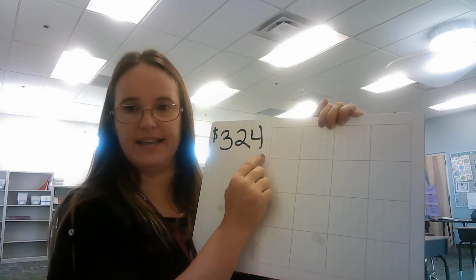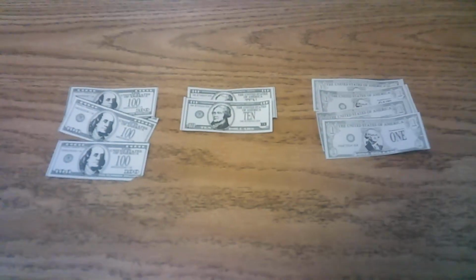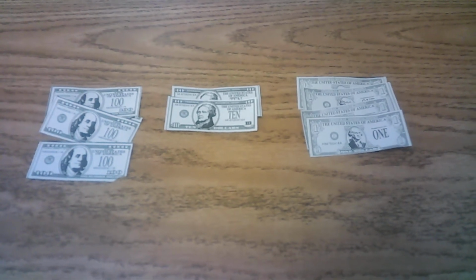Looking at the ones place, I need 4. So let's count. I've got 1, 2, 3, 4 ones. I'll set them up on my workspace here. 1, 2, 3, 4. So now $324 looks like that.